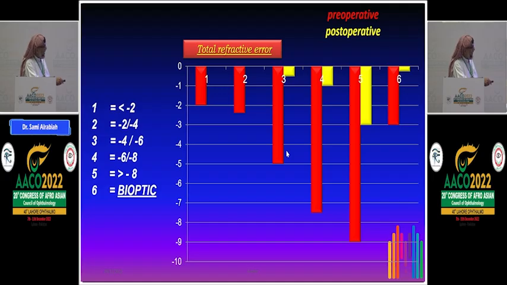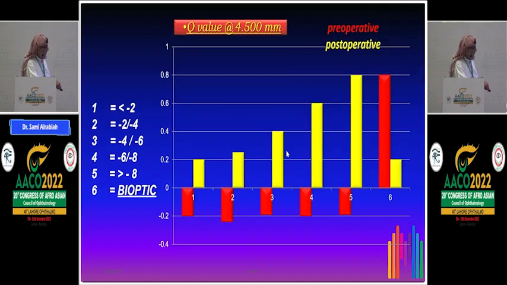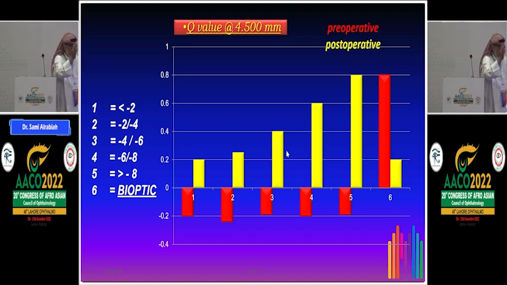So I ended up exactly as I'm treating -2. Now, look at the Q value at the 4. All of us, we know that Q value is in minus. It's about -2, -2.5, or -2.7, something like that. And Q value, what does that mean? The cornea is not round.